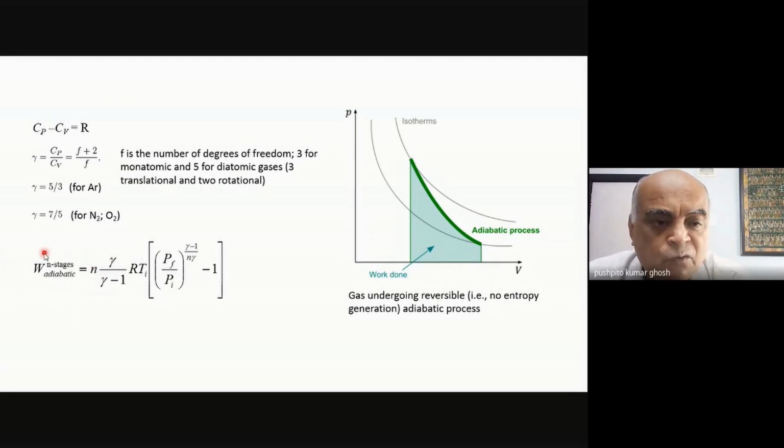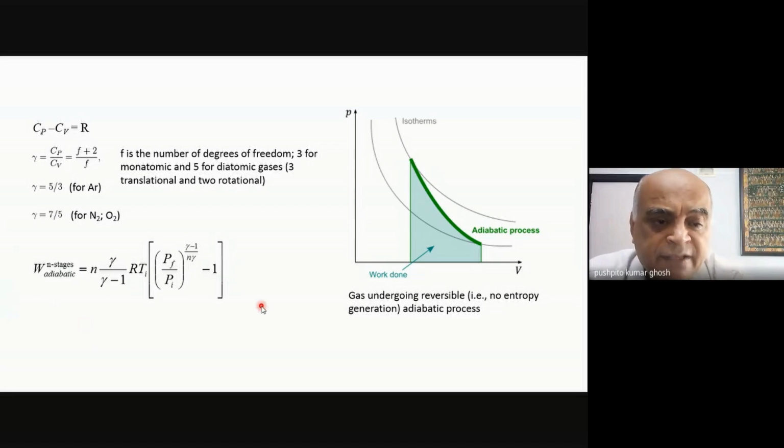Now, this is the work that I need to do in n stages. Let's say if I've got n stages in which I'm doing it, n times gamma upon gamma minus 1 RTI, and then the PF upon PI, the final by initial pressure, to the power gamma minus 1 upon n gamma, minus 1. So this is it.